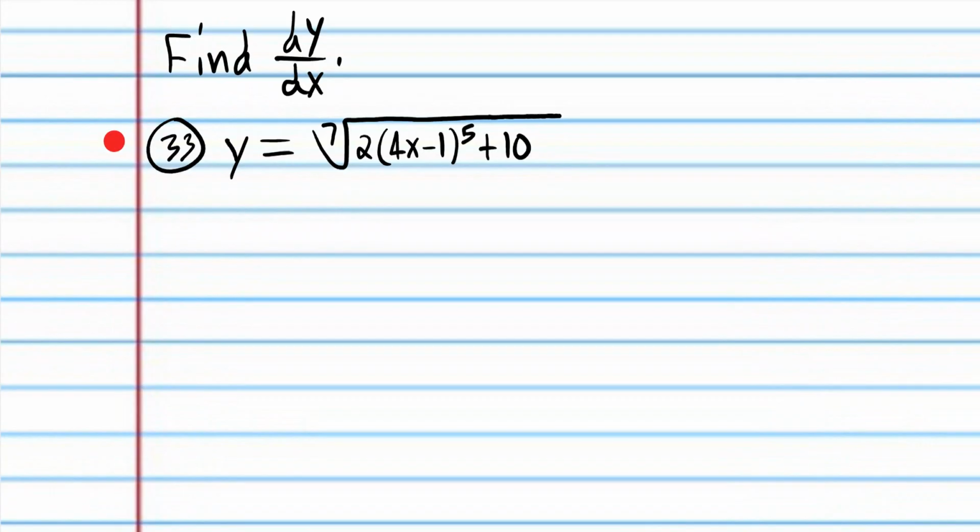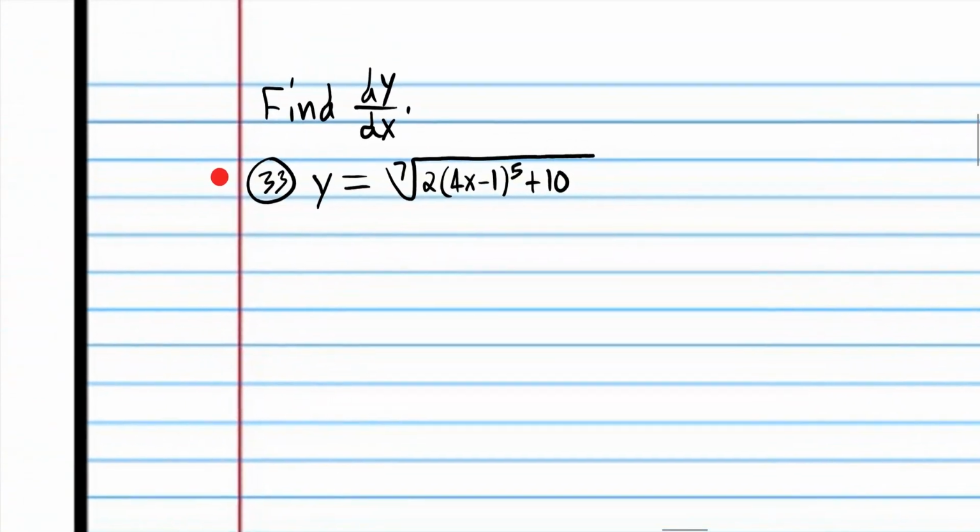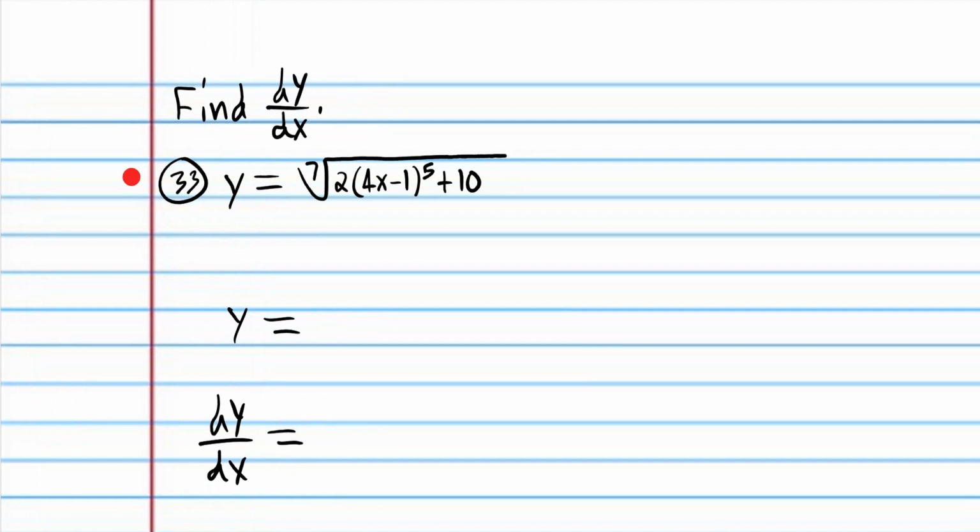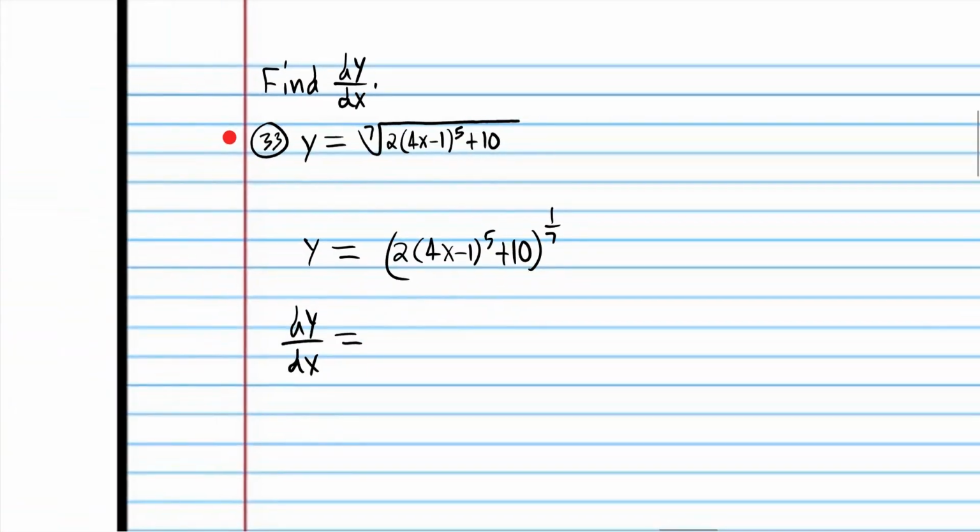We are going to have to use the chain rule twice again. And you know what? Before we find the derivative, I forgot we need to write in a derivative-friendly form. That's going to be raised to the 1/7 power if we write it in exponential notation.